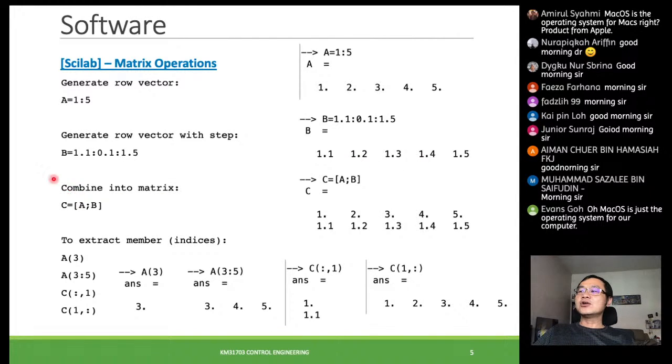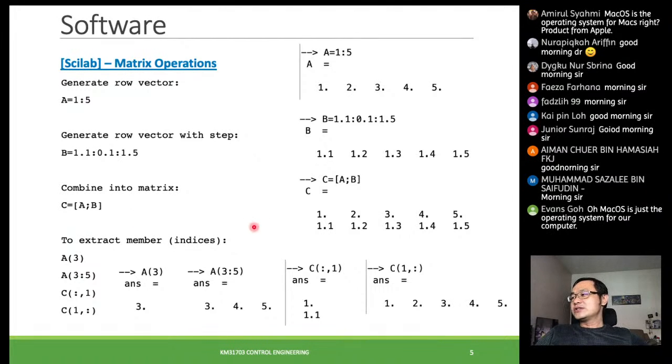If you have multiple matrices already existing in your memory, you can combine them together. You can put C equals A, then a semicolon. If you put this sign, it breaks into a second row, so you have to know that this symbol represents a row break in the matrix itself.